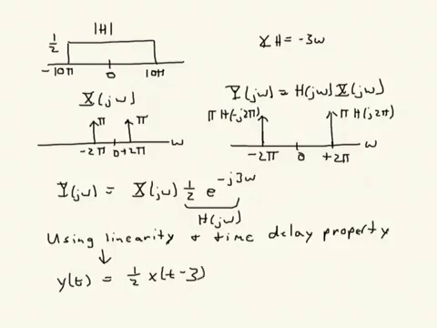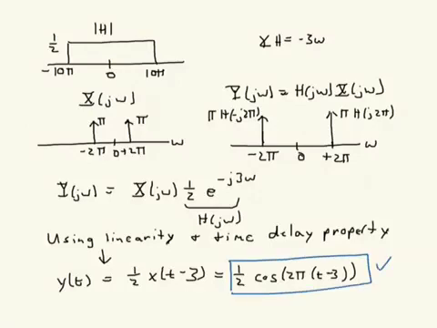Okay, and that's just from linearity and the time delay property that we can apply given that we have this particular system. Well, we know what x of t was, so we can rewrite this as 1/2 cosine of 2 pi quantity t minus 3, which is exactly the same expression that we got before.